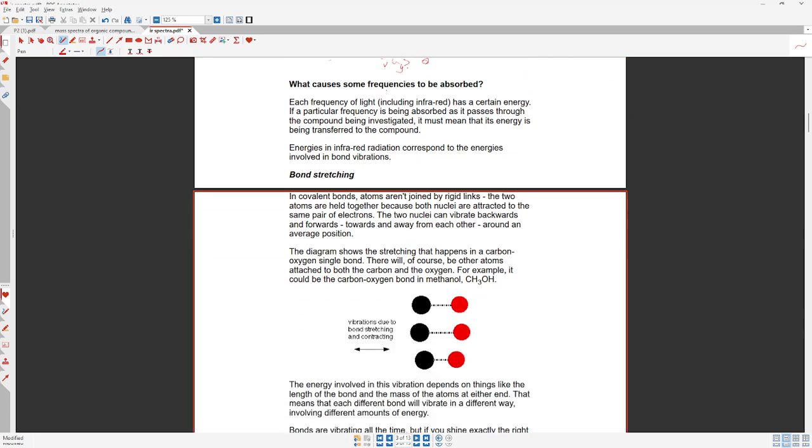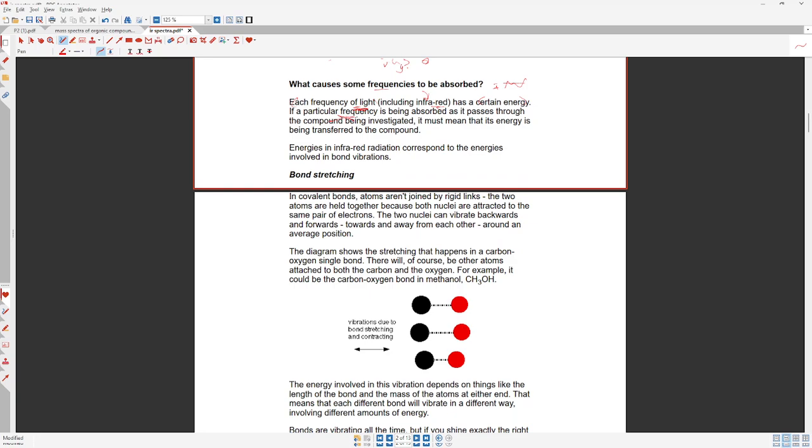So what causes some frequencies to be absorbed? Each frequency of light, including infrared, has a certain energy because it has a certain frequency, because waves carry energy.